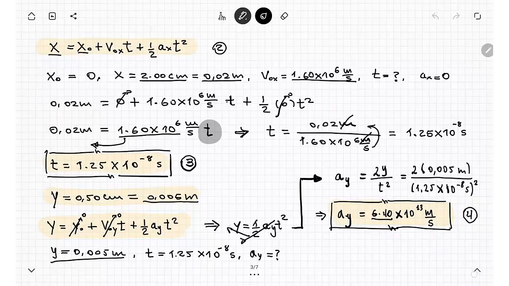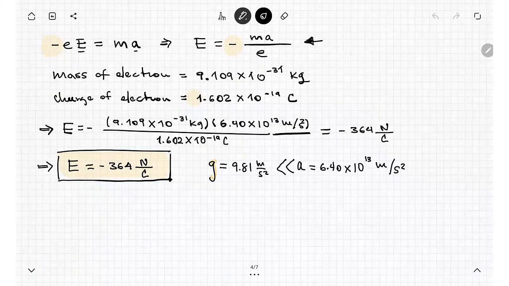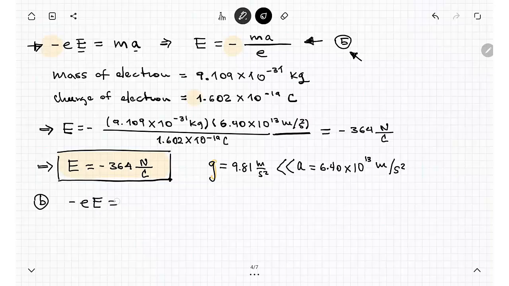Okay, let's do part B real fast. We want to suppose that the electron is replaced by the proton with the same initial speed, right? So let's use equation number 5, but I want to write that equation like this: minus e multiplying E equals the mass multiplying the acceleration.